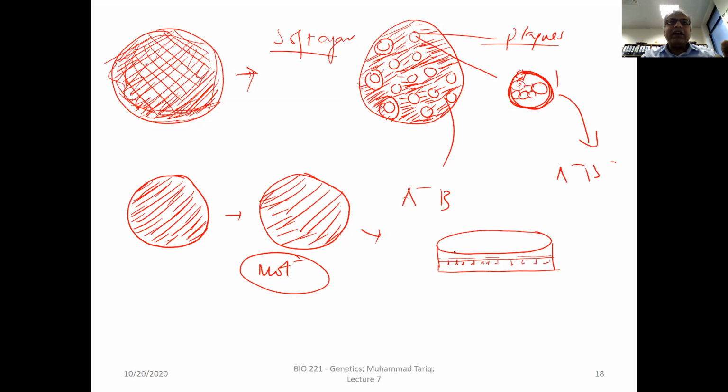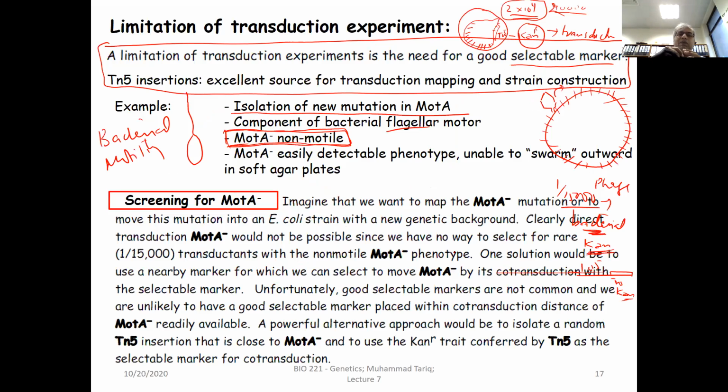This screen is very interesting because they said, okay, we can use, in this case, instead of mot A minus mutation, because we cannot screen for immobility of bacteria.